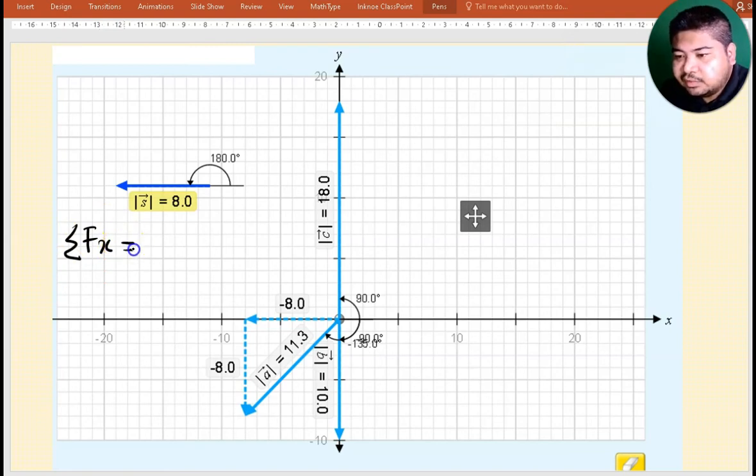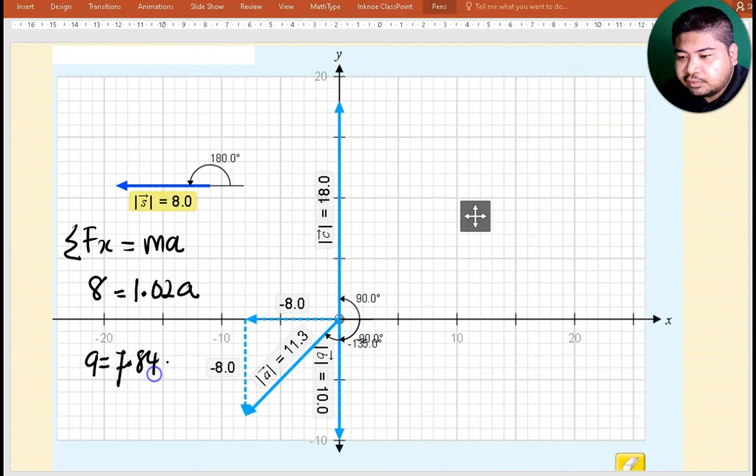So the sum of all the forces in the x-axis should be equal to mass times acceleration. From the simulation, we know that the sum is equal to 8, which equals the mass of the object, 1.02, times the acceleration. So the acceleration is equal to 7.84 m/s².